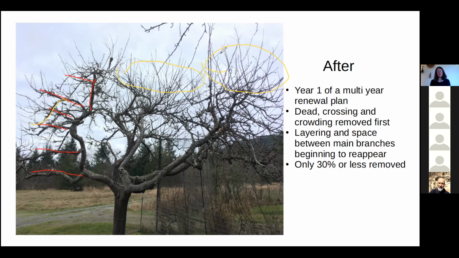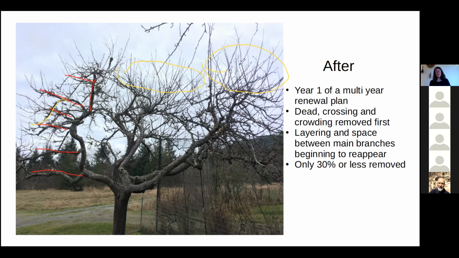Typically fruit trees aren't pruned in the fall. We let them focus on going dormant, and a lot of their nutrients and energy are still hanging out in the leaves in the fall.